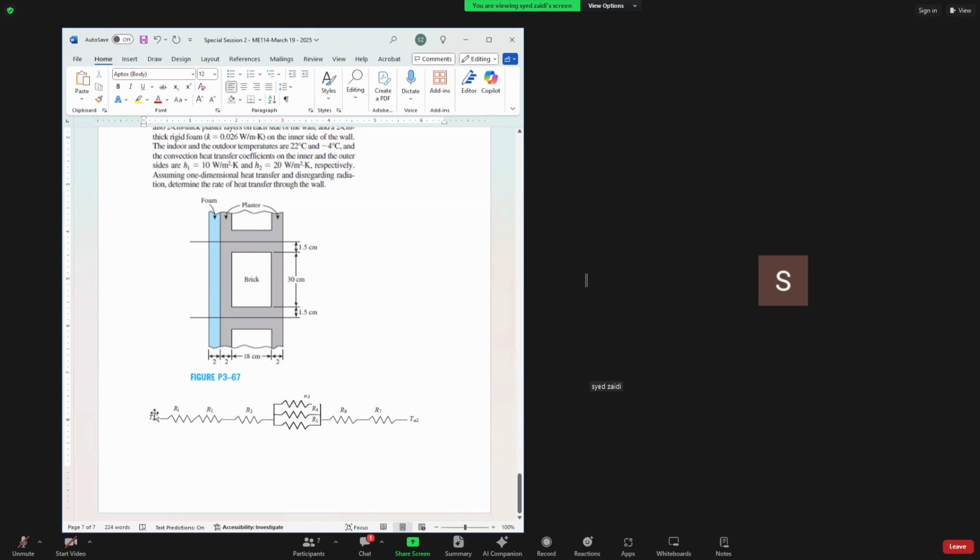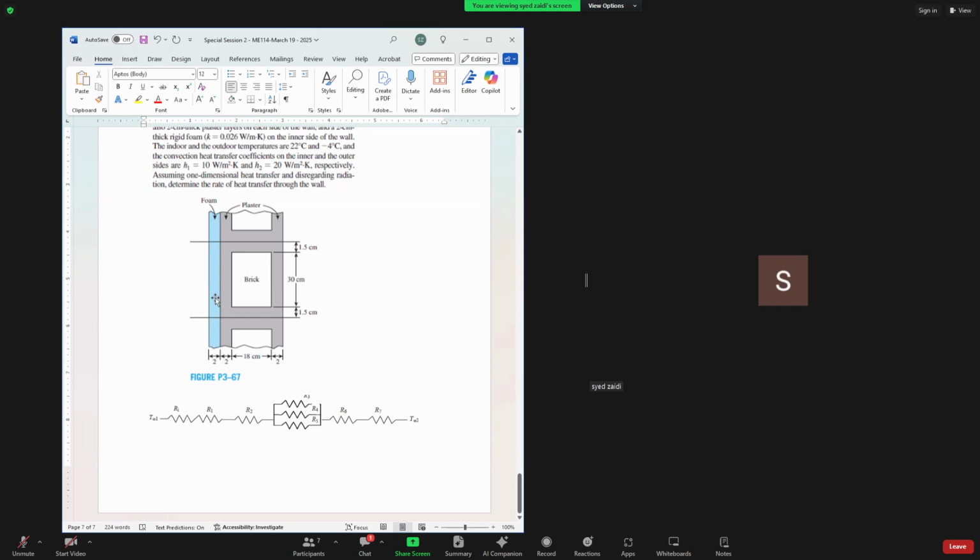You start with T infinity 1, then you get Ri, then R1, then R2, then you have R3, R4, R5, then R6 and an R7 outside, and then T infinity 2. So Ri is here, where the temperature T infinity 1 is, and then you have the convective resistance.